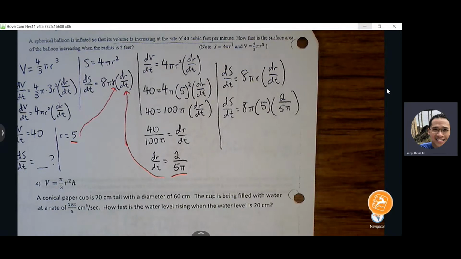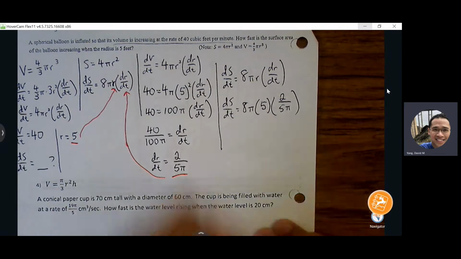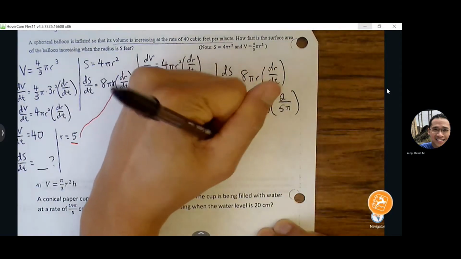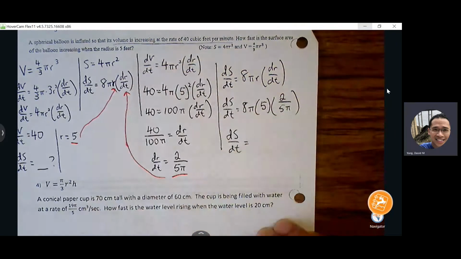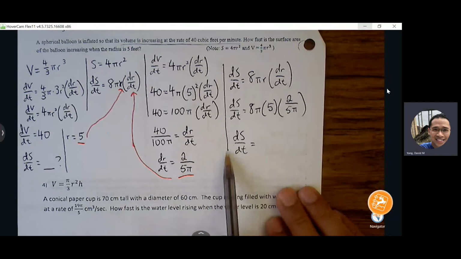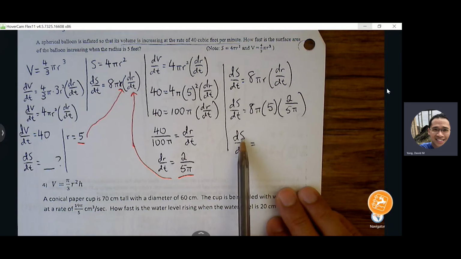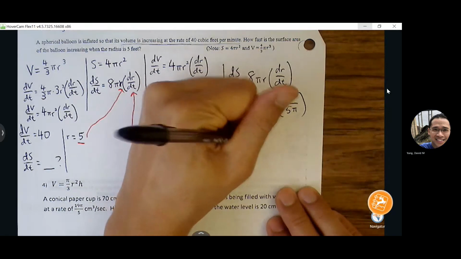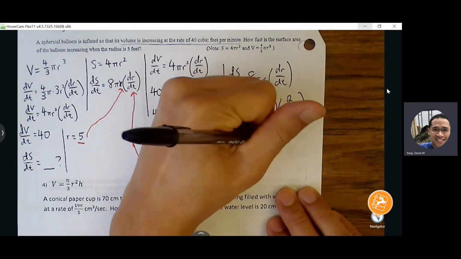Pi's cancel out, 5's cancel out. I'm left with 16. Okay, what's the unit of measure here? Yeah, surface area. Think about that word, surface area, a 2-dimensional unit, so square feet per minute.